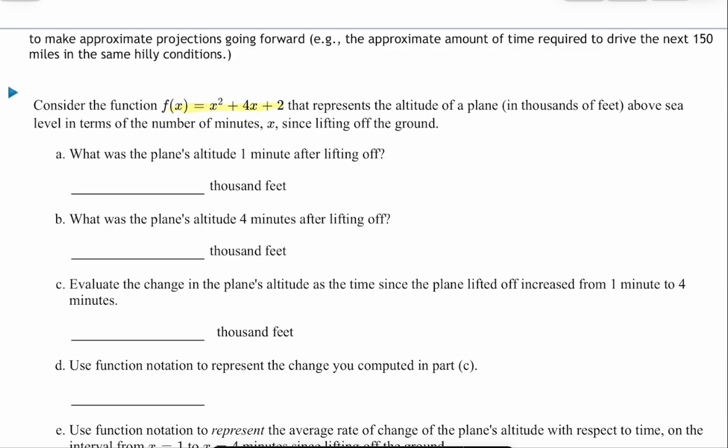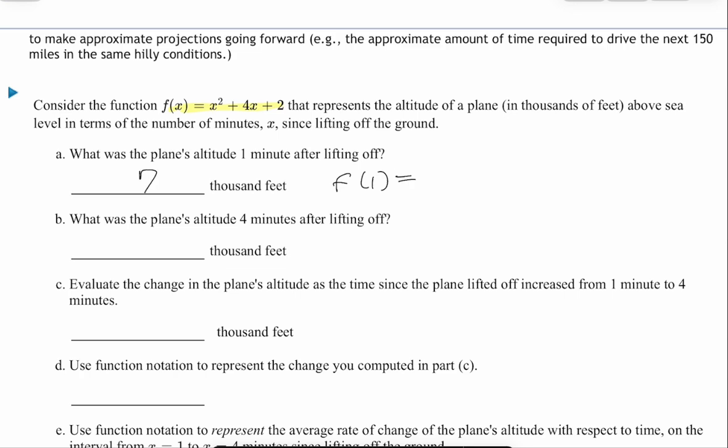It represents the plane's altitude in thousands of feet above sea level in terms of the number of minutes since lifting off the ground. So it says, what is the plane's altitude 1 minute after lifting off the ground? So you're just going to plug in 1 into your function. My function, your function might be different. If I plug 1 into my function, I get an answer of 7,000 feet.